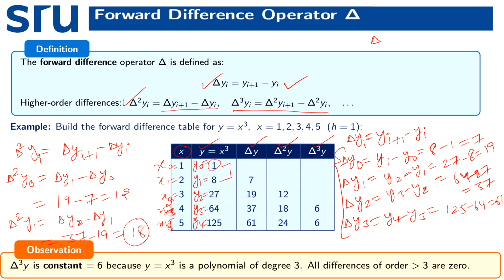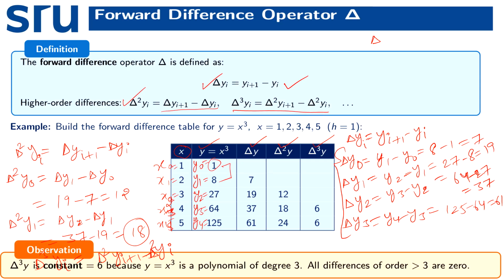In the same way you can find delta cube y. Delta cube yi will be equal to delta square yi plus 1 minus delta square yi.